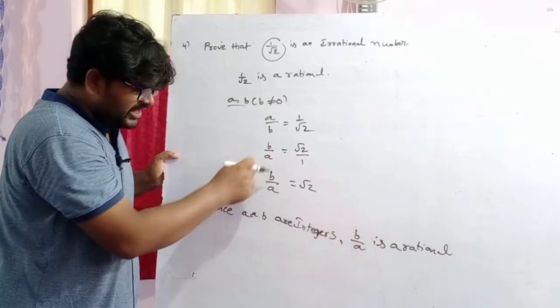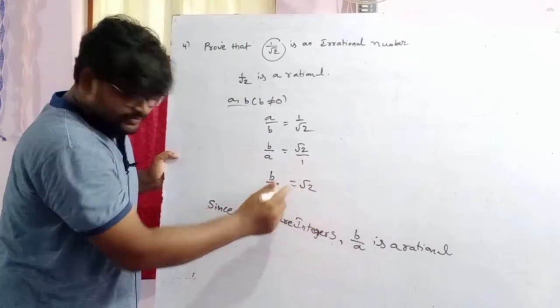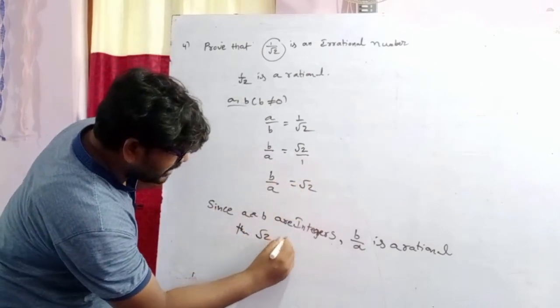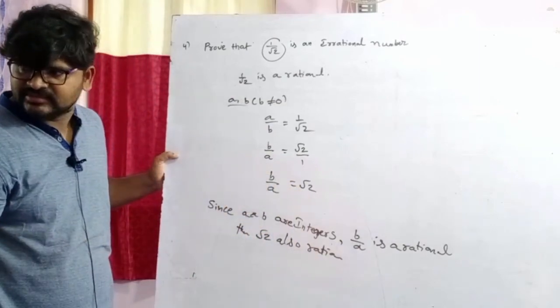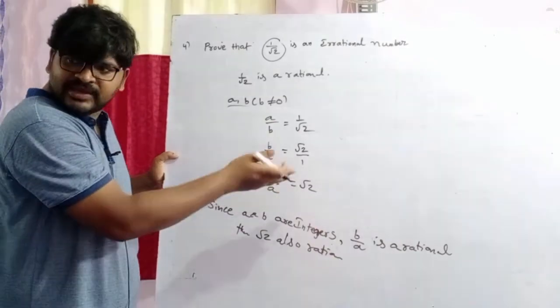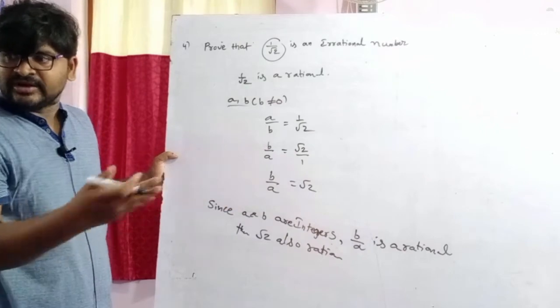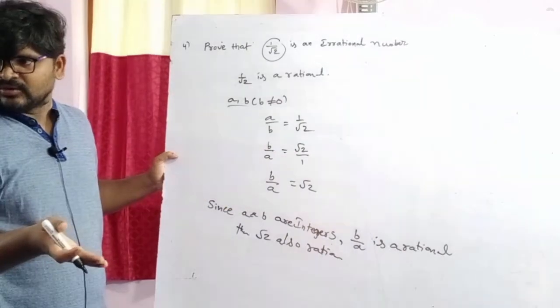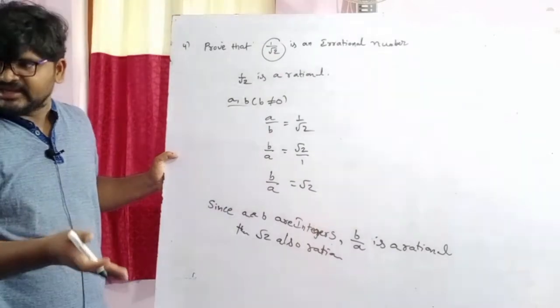The value of LHS is rational, then root 2 is also rational, because LHS equals RHS. But the contradiction arises because of our assumption that root 2 is rational, which is not true. Yes or no? Already we proved root 2 is an irrational number.